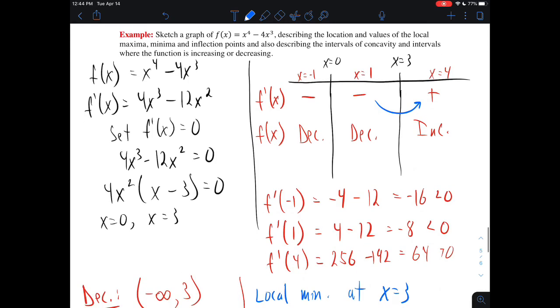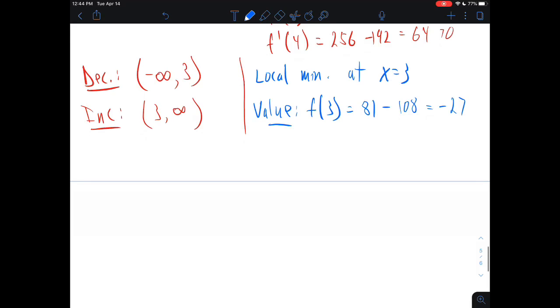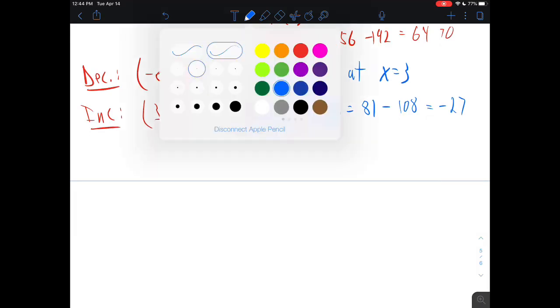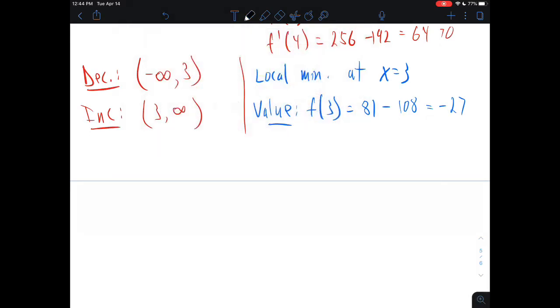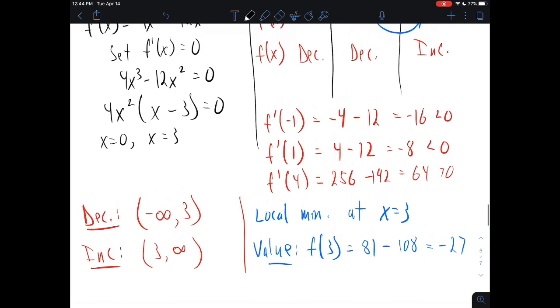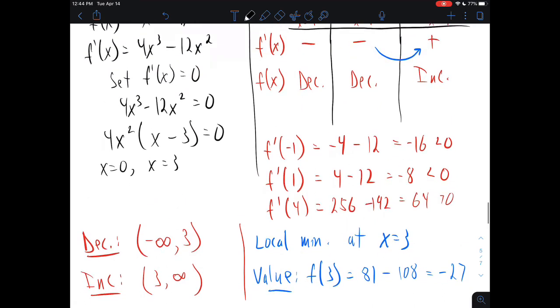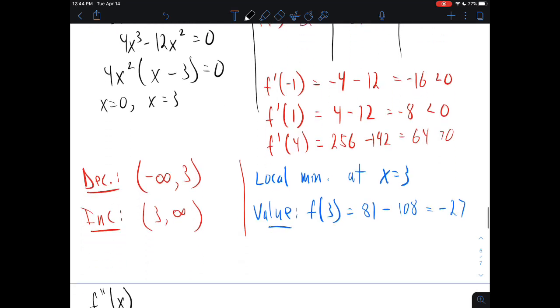We would have taken a guess. Now we actually know. So then to keep going, we want to answer questions about concavity. So now we need the second derivative. My first derivative was 4x cubed minus 12x squared. The second derivative would be 12x squared minus 24x.